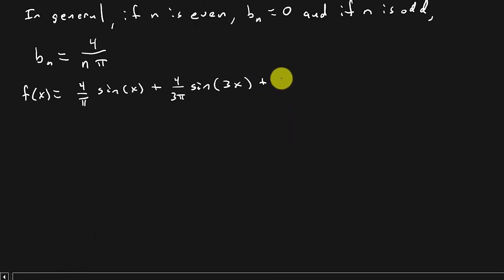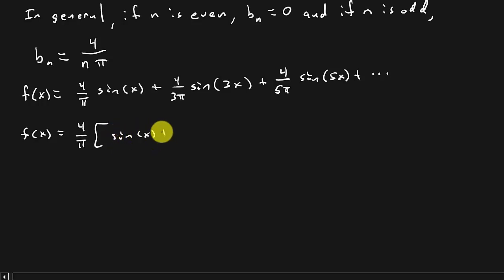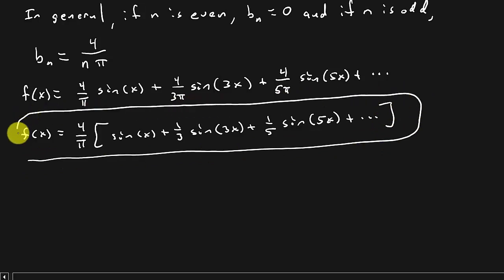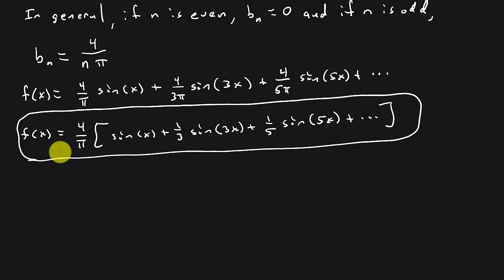And then we could say 4 over 5 pi times sine 5x plus dot, dot, dot. And factor out the 4 over pi, just makes it look better. So that's going to be sine x plus 1/3 sine 3x plus 1/5 sine 5x plus dot, dot, dot. And this would be your answer.